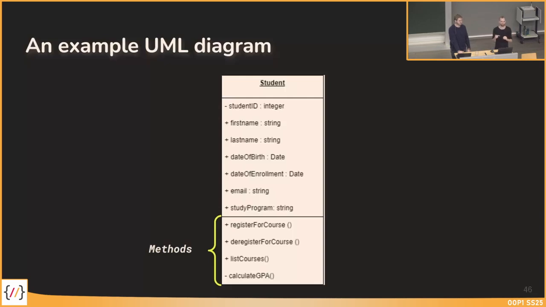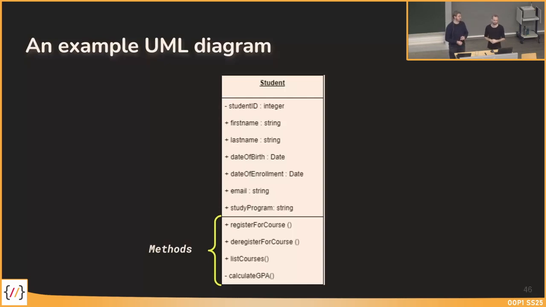A lecture hall has a vector of students sitting inside, and so on. So classes are often connected to each other, and then a UML diagram containing all the classes you want to implement in your program can be very helpful to get a mental model of what you want to implement.